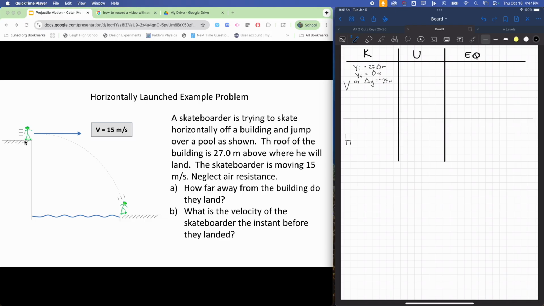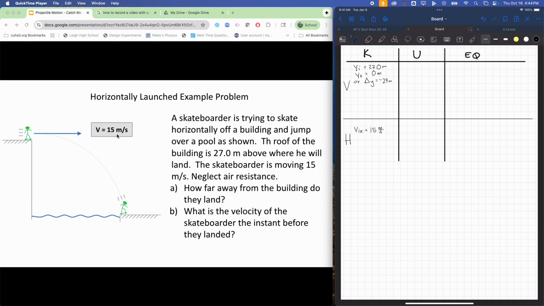Why did I put negative? Remember, the object is moving in the negative direction, so its displacement is negative, hence the negative 27 meters. Now I see another number. The skateboarder is moving 15 meters per second, and according to the diagram, he's moving horizontally at 15 meters per second. So I know the initial velocity in the x direction is 15 meters per second.